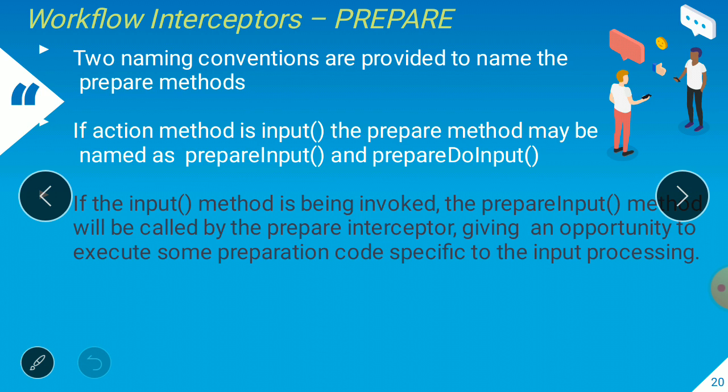We have some naming conventions. Suppose your action method is input, then your prepare method should be either prepareInput or prepareDoInput. Because once the prepare interceptor executes, no one is going to say that the prepare method is here. It automatically searches. So when it searches automatically, we have to follow the naming convention.